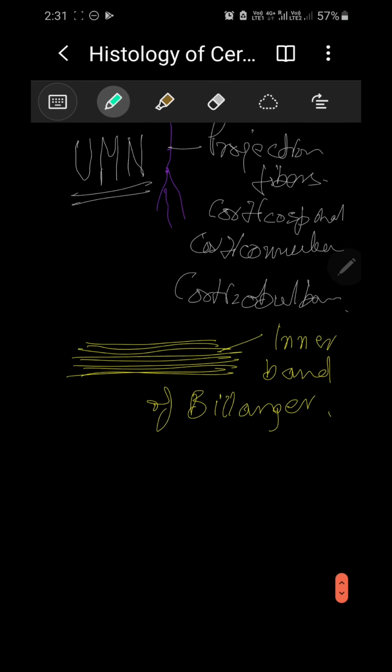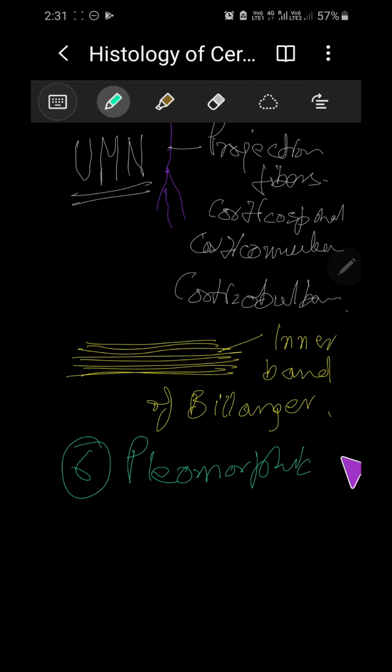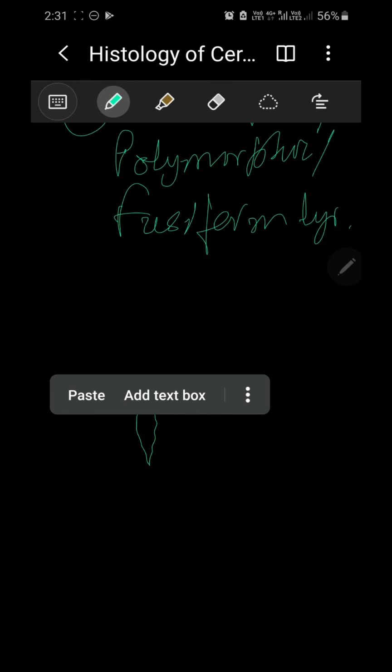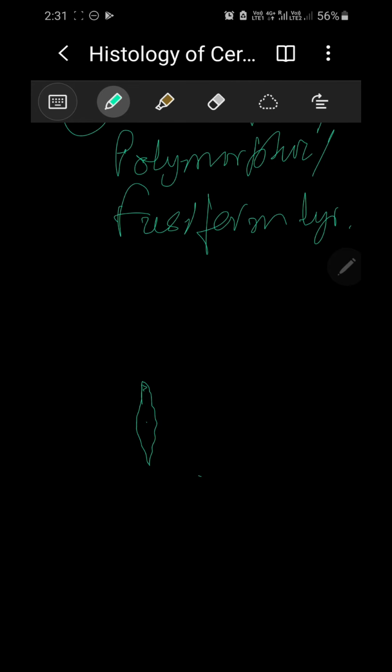The 6th layer is the pleomorphic layer or polymorphic layer or fusiform layer, right? And why fusiform? I told you, it has these special cells which are vertically placed fusiform cells in this layer.